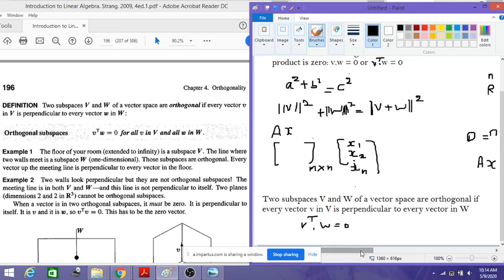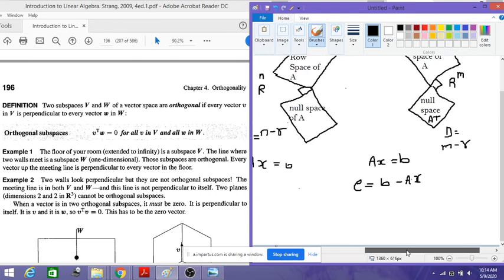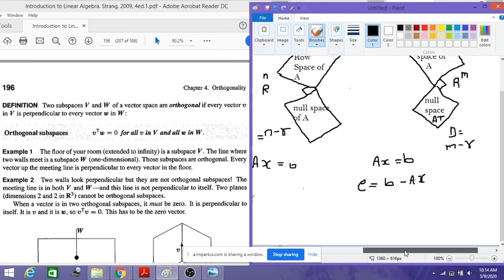To understand this perpendicularity, we can talk about one example here. For example, we have the floor, which extends to infinity, and two walls are joining. The line where the two walls meet is perpendicular to every vector in the floor.